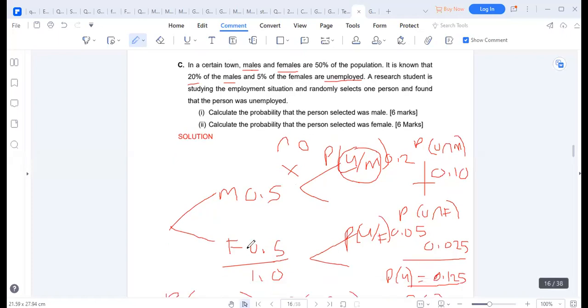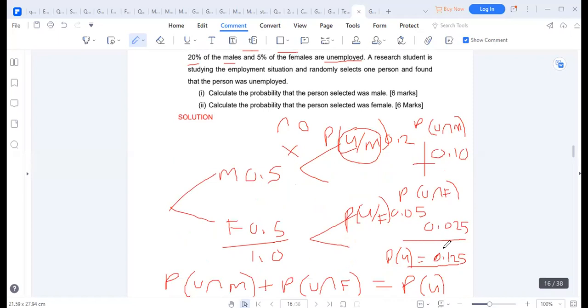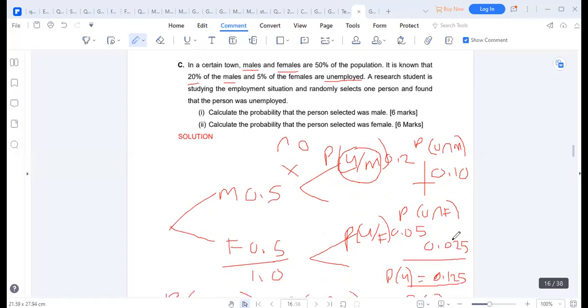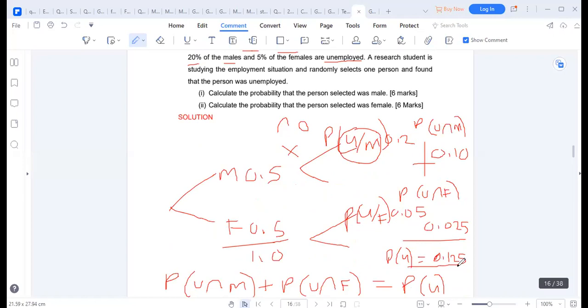And again, 0.5 times U given F, we're going to get 0.025. So when you add these two, we're going to get 0.125. So if you're asked what proportion was unemployed: those that were unemployed males, it was 10%. Those that were unemployed females, 2.5%. When you add them collectively, you get 12.5% or 0.125.